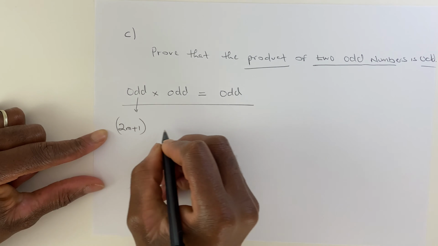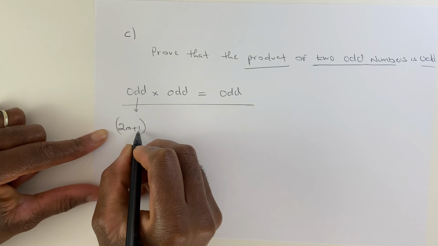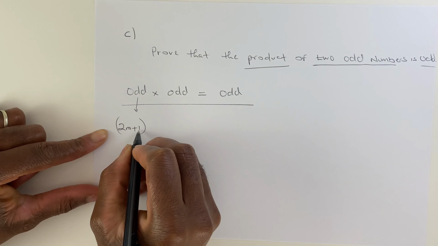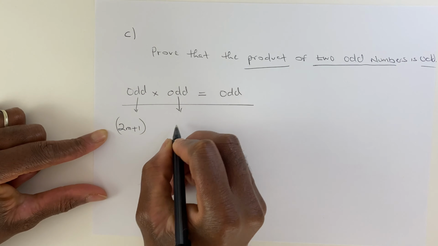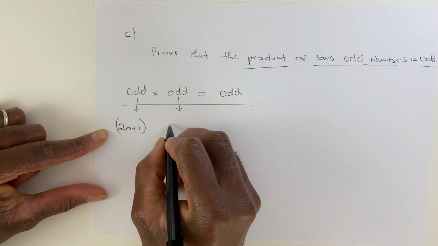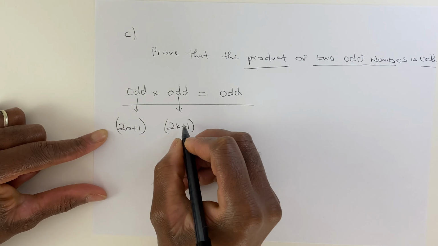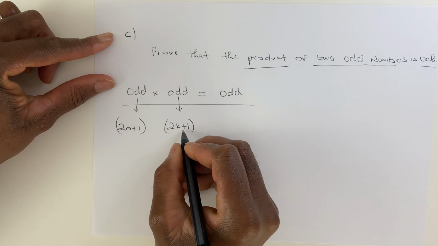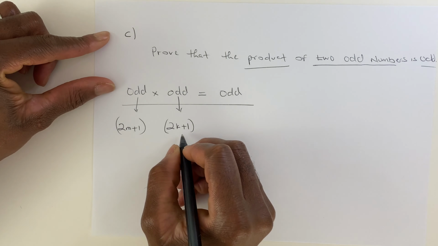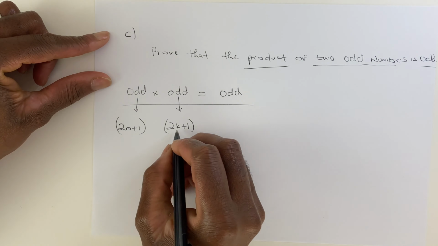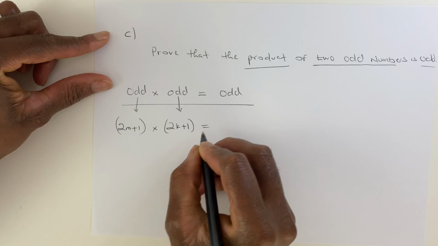We'll put that in a bracket because we've got a binomial here, two terms in a bracket. And then we've got another odd number here, so we can call that 2k plus 1. Again, we put it in a bracket because we've got a binomial here, and so we multiply both of them together.